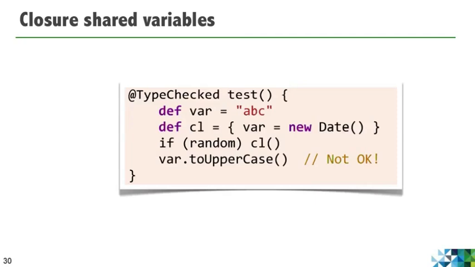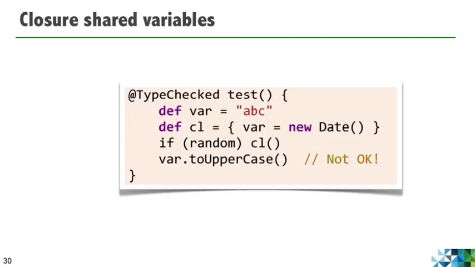If you remember what we said about the flow typing and the type inference, the type checker is able to follow what we assign inside a variable. But there's a special case where, like in this example, I assign a string inside a variable, and then I have a closure which may or may not assign some other values inside our variable. But the thing is that the static type checker cannot always know whether the closure was called or whether it wasn't called.